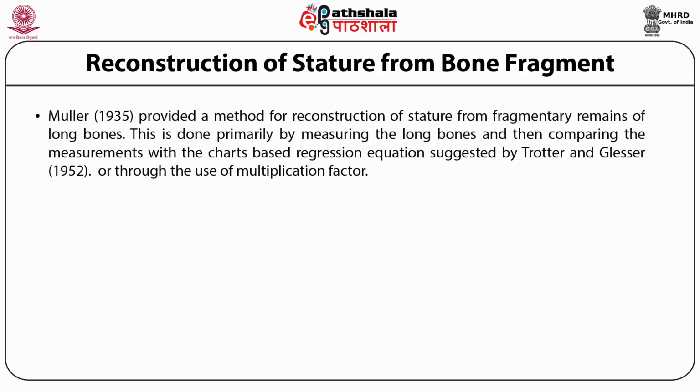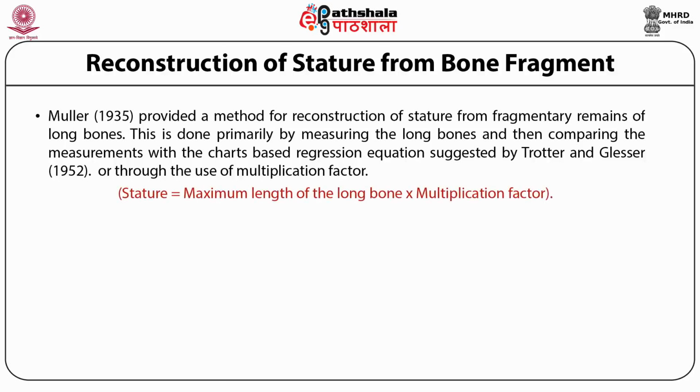In 1935, Muller provided a method for reconstruction of stature from fragmentary remains of long bones. This is done primarily by measuring the long bones and then comparing the measurements with charts based on regression equations or through the use of a multiplication factor.